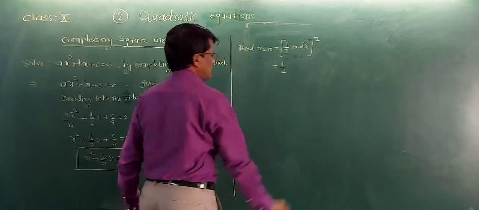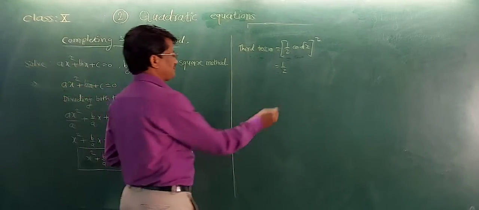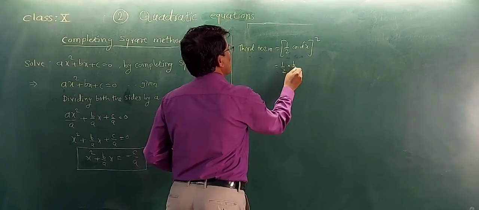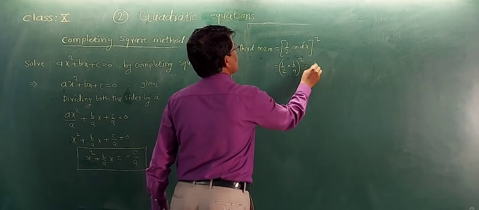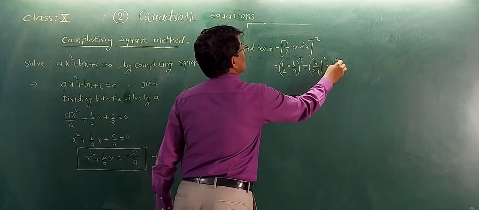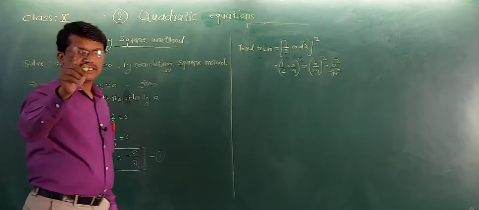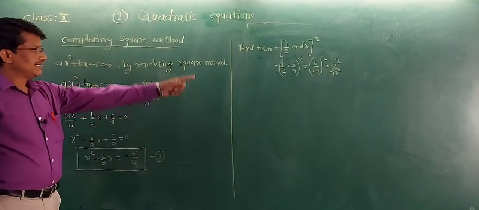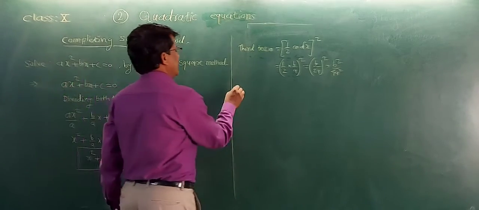What is the coefficient of x? The coefficient of x is b upon a. Make a square of this, so it gives us (b upon 2a) whole square, so b square by 4a square. This is our third term. So try to add this third term to the left side as well as the right side.